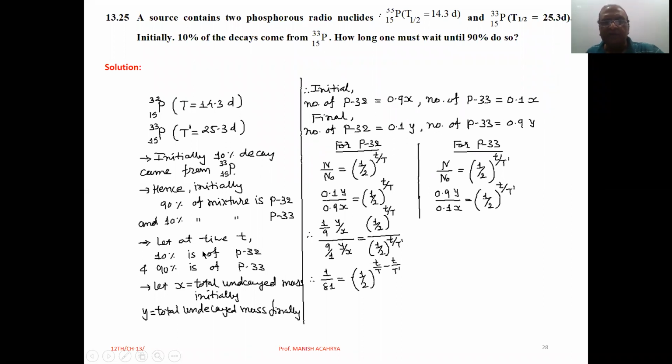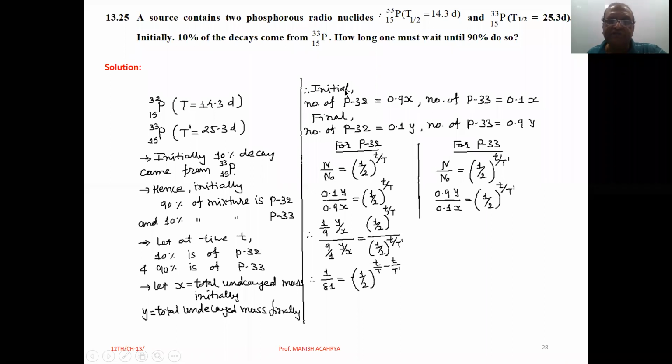Now suppose at time t, 10% is of P32 and 90% is of P33. After time t this happens. Okay. Now let x be the total undecayed mass initially, and then y be the total undecayed mass finally.